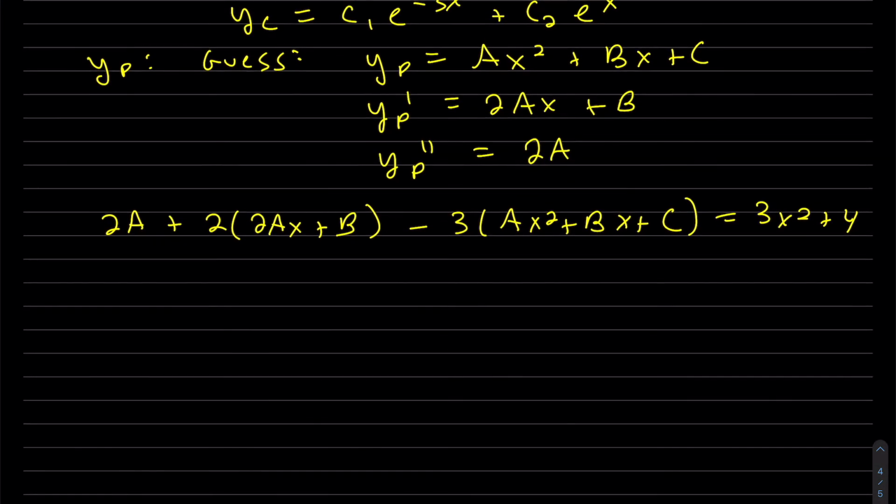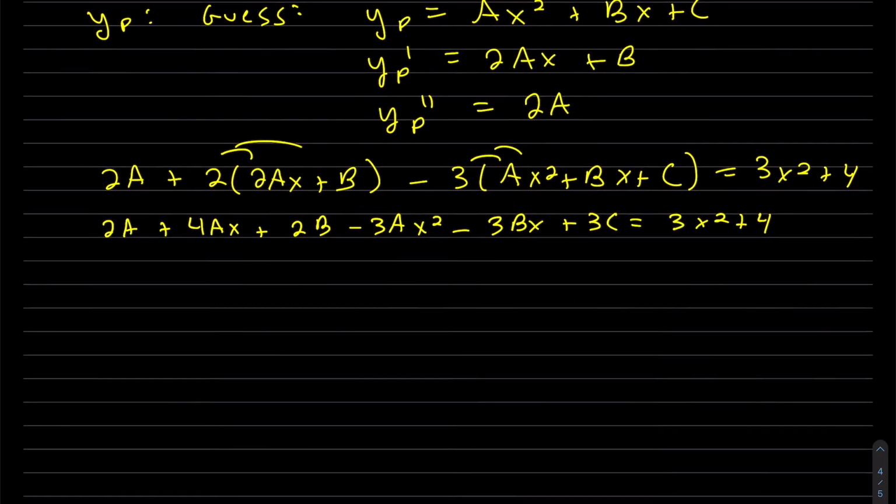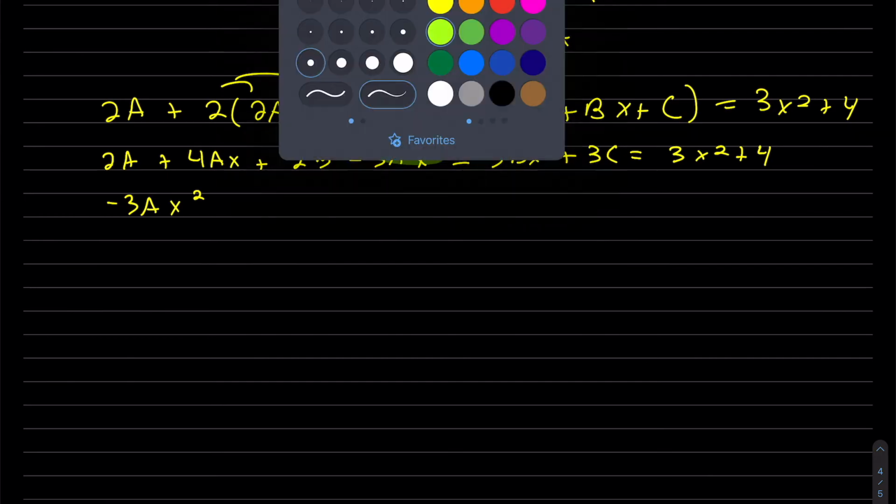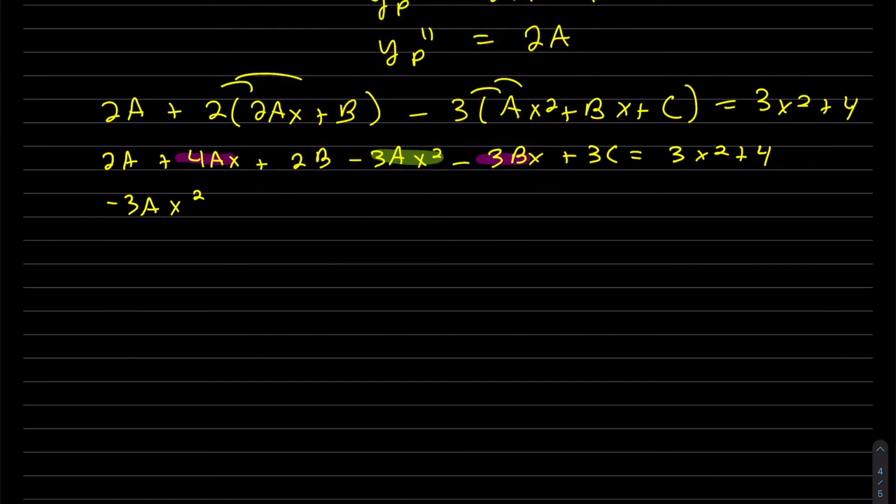So let's simplify the left side using algebra. Told you it'd be a lot of algebra. And let's rearrange it. Write 3x squared first. Okay, so equating coefficients. This has to equal that. This has to equal 0.